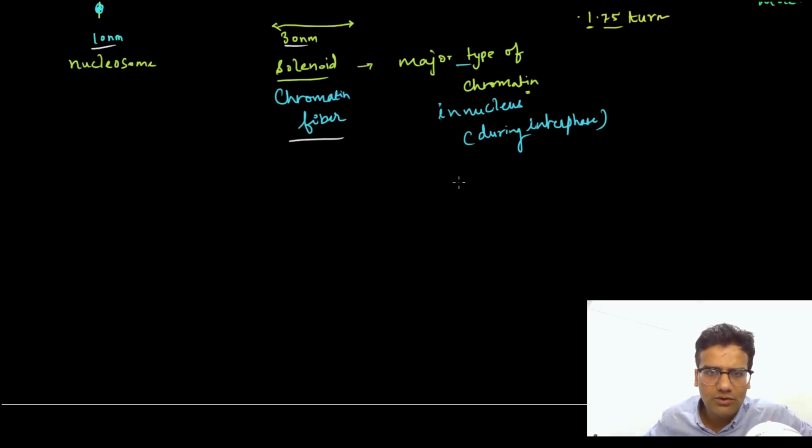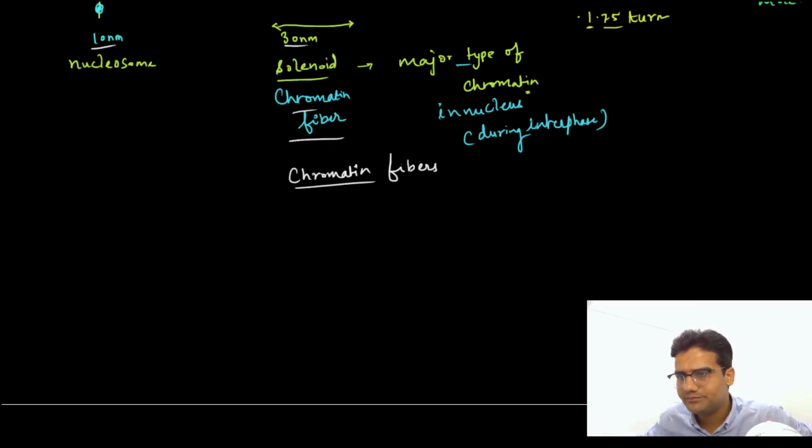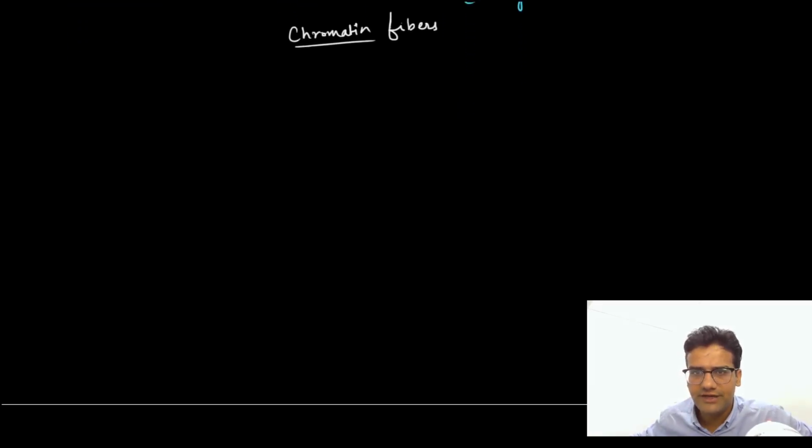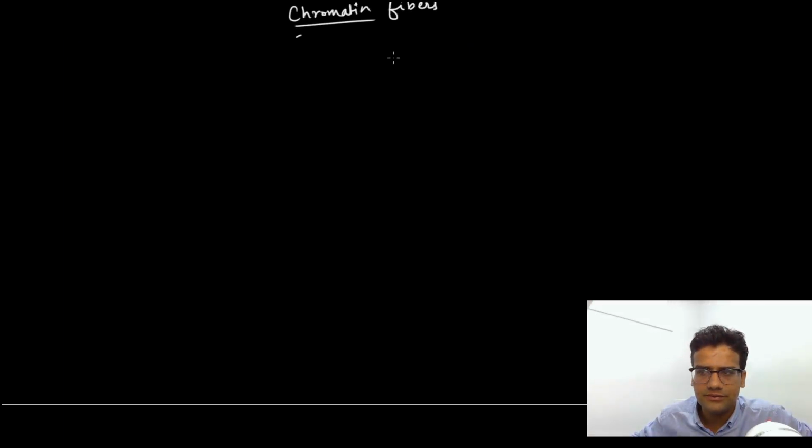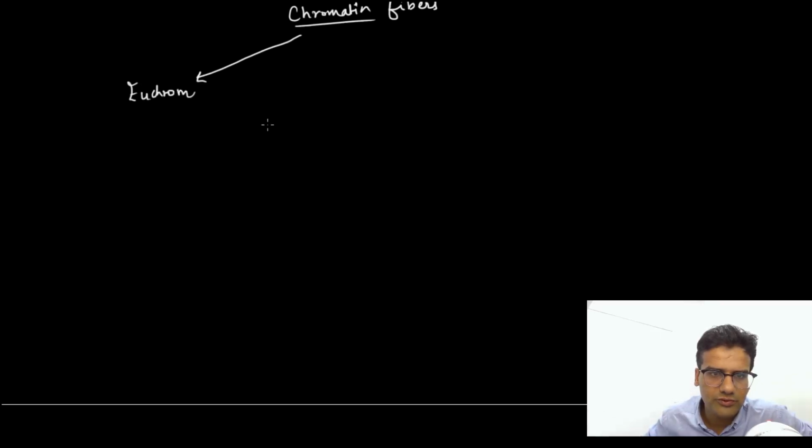These chromatin fibers can be of two types. The first kind could be a euchromatin fiber, or it could be a heterochromatin fiber.